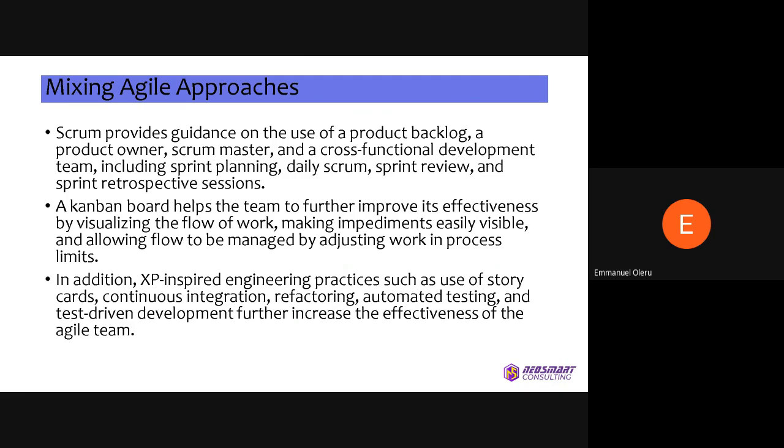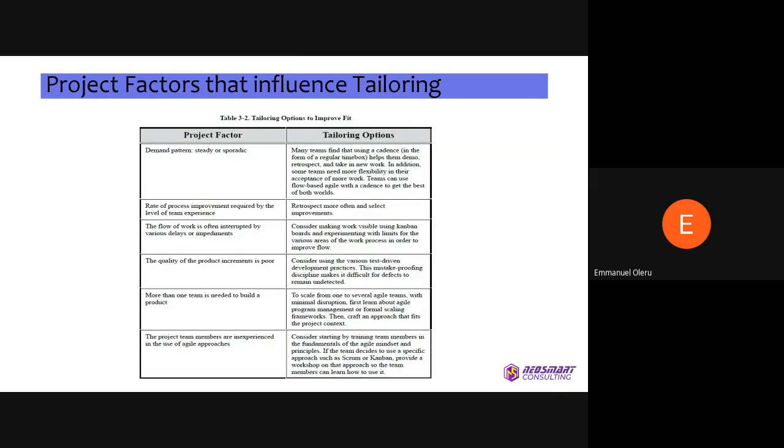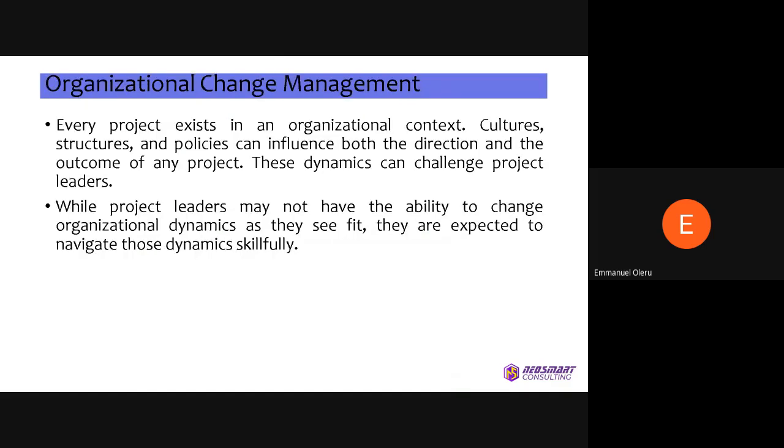Now, you can also add XP-inspired engineering practices such as continuous integration, pair programming, and test-driven development to further increase the effectiveness of the agile team handling that project. So basically, tailoring options are important. You want to factor them in and check very well so that you know what you want to do and you can get it done properly.